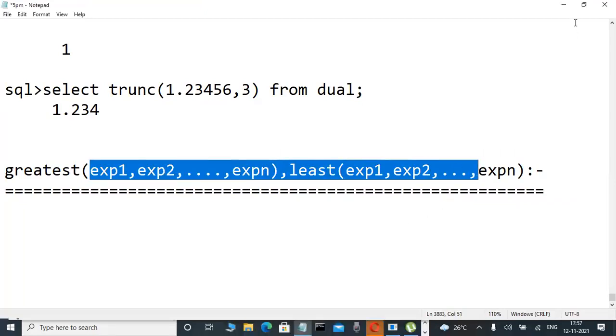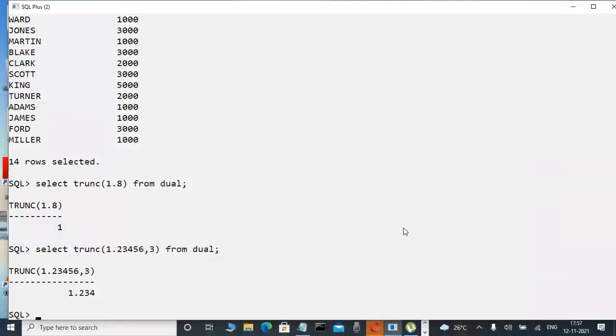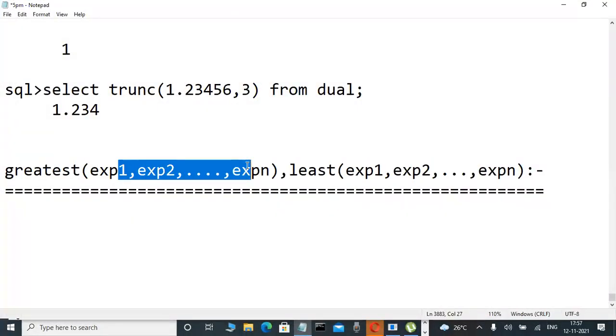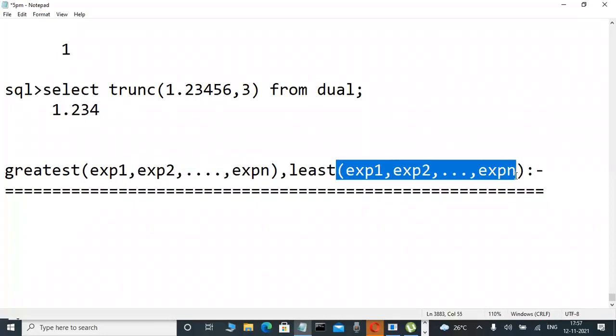Now check it out, concentrate here. Greatest returns the greatest value among the given expressions. Least returns the lowest value among the given expressions. That is the definition, but practically what happens, observe it here.